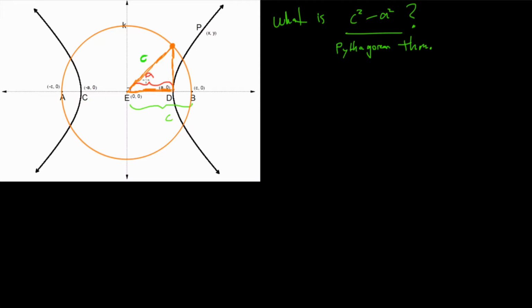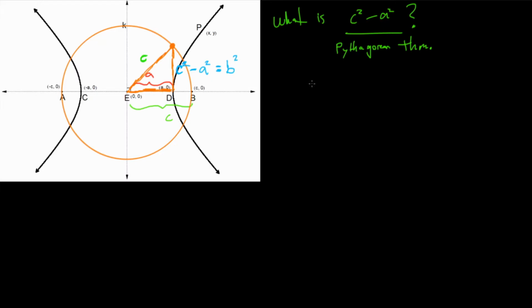And now that we have this right triangle, what is c squared minus a squared? c squared minus a squared is going to be this length right here. With a leg a and a hypotenuse c, let's just go ahead and call this b squared.